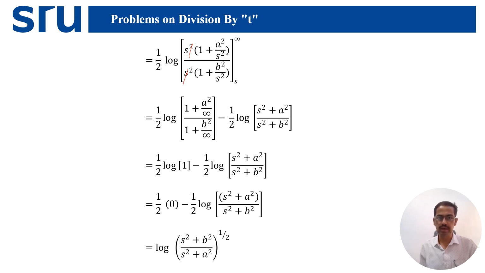If you cancel the negative power, just reverse the fraction: s square plus b square by s square plus a square. This is the Laplace transform of cos at minus cos bt by t.